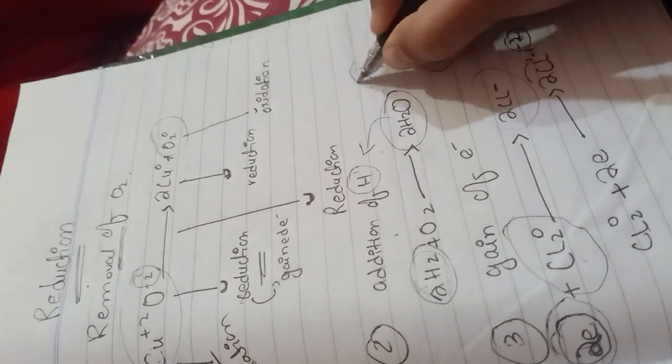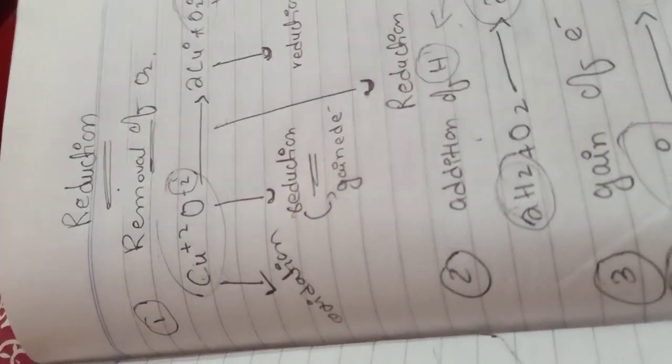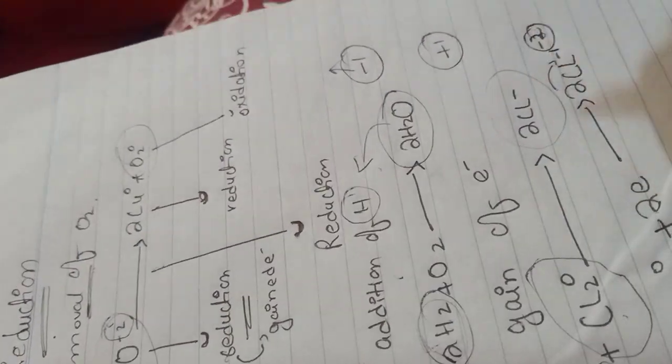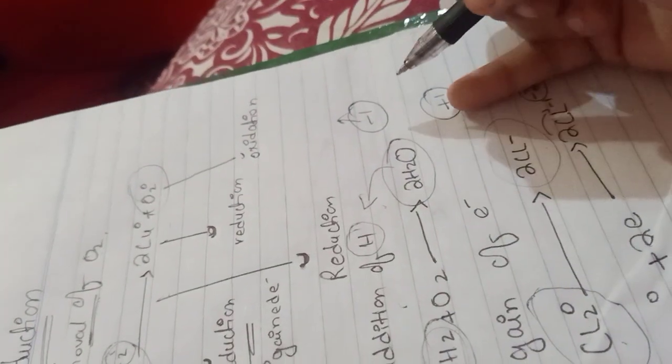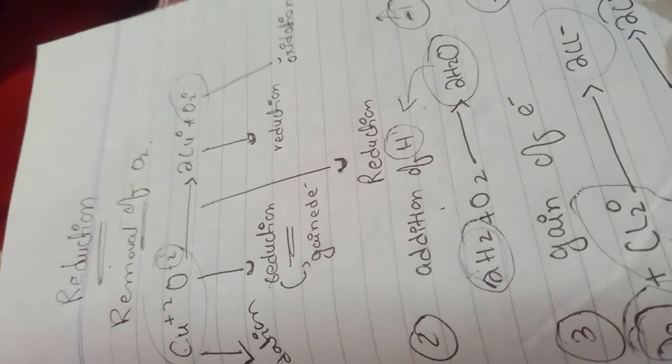If the negative sign is there, it means it has gained the electron. One more thing I want to tell you is that the minus sign indicates it has gained the electron, and the positive sign means it has lost the electron.